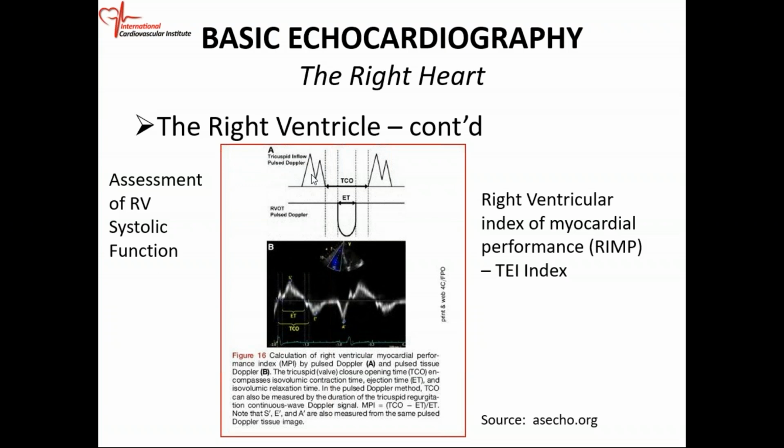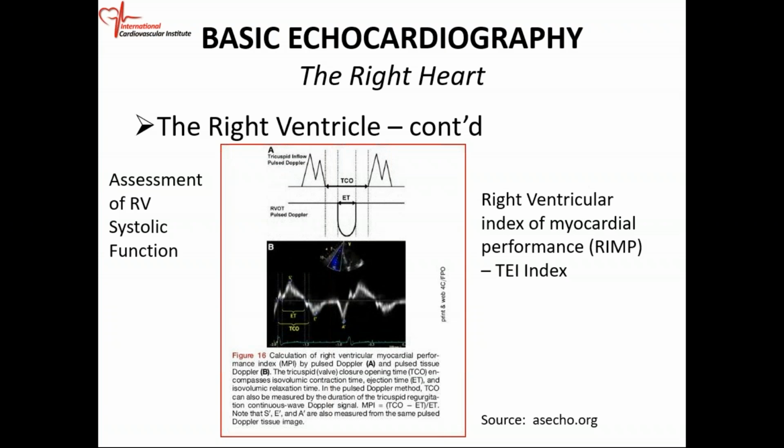Okay, so the definition of RIMP is what you're going to do. You're going to get the duration. So this is a time event now. It is the duration from tricuspid valve closure to tricuspid valve opening. You're going to subtract from that the ejection time. So just conceptualize it a little bit. The tricuspid valve closes and then it opens.